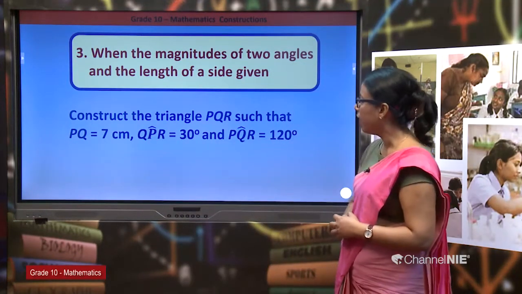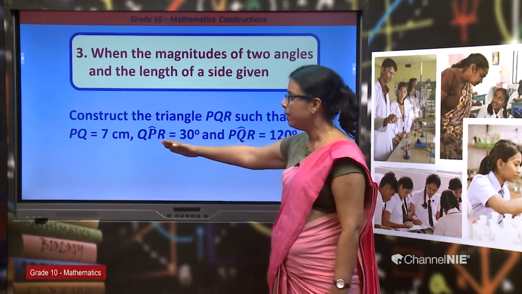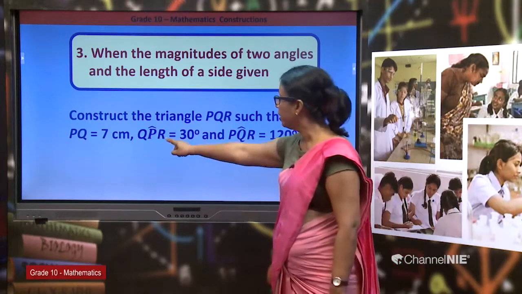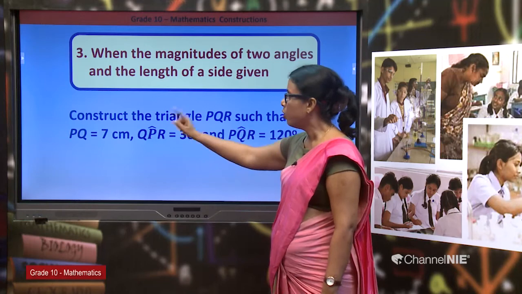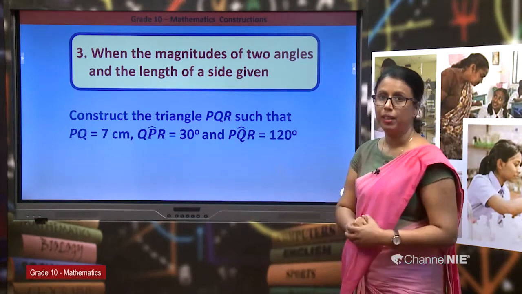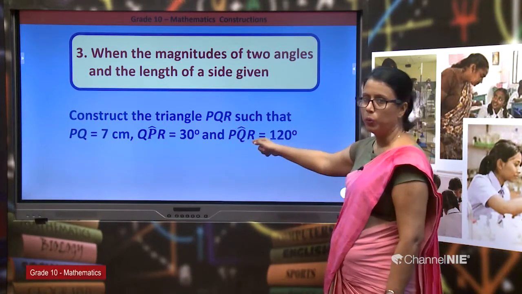Here we can start from this PQ line. We can take the base as PQ line. After that, see here P angle given 30. So, we can construct 30 degree on P. Next, see that Q angle is 120. Next, we can construct 120 on Q.